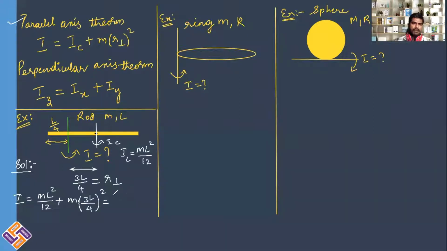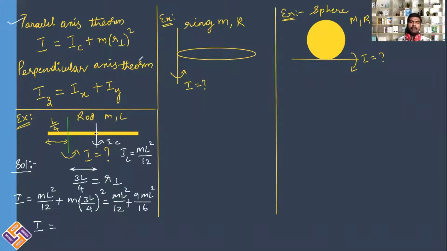This is equal to ML square divided by 12 plus 9ML square divided by 16, since 4 square is 16. You can solve this so that you will get the net moment of inertia with respect to this axis, which is at a distance of 3L by 4.